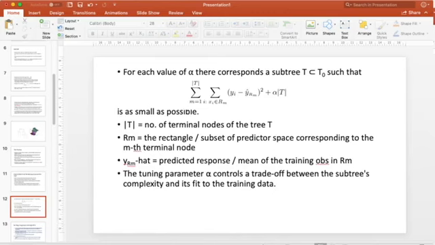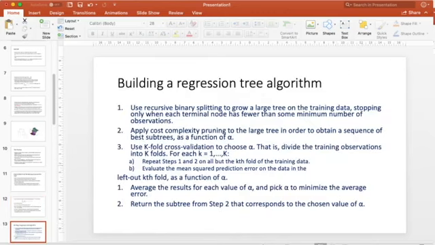So let me explain to you the algorithm behind building a regression tree. The first step is we use recursive binary splitting to grow a very large tree on the training data. We only stop when each terminal node has fewer than some minimum number of observations.